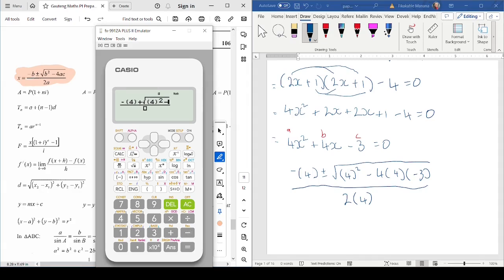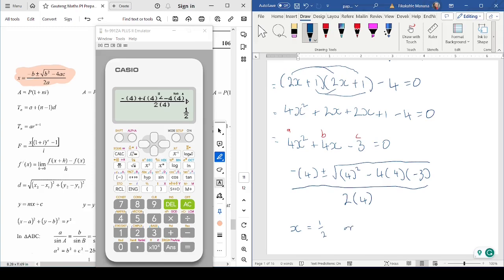And then say minus 4, open the bracket again, put the 4, close it, open another one, put a negative 3, close it. Then let's go downstairs. 2, open a bracket, 4, you close it, and then you say equals. You will get that x is equal to a half. That's your first one.